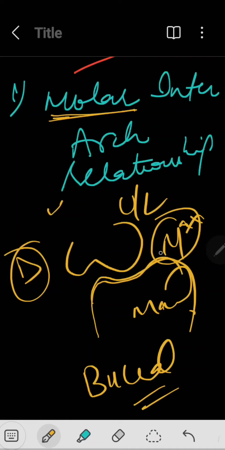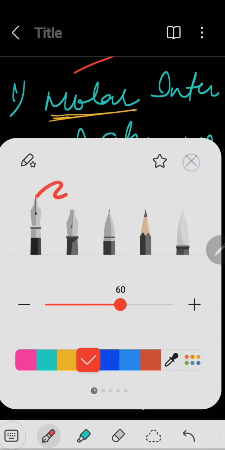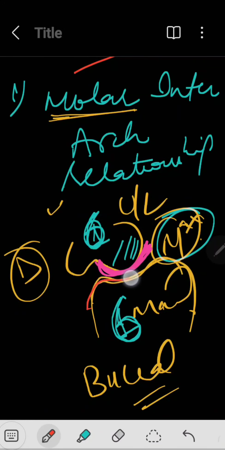So the mesiobuccal cusp of the upper first molar, basically tooth number 6, should occlude into the groove which is between the mesial and the medial buccal cusp of the lower first molar.